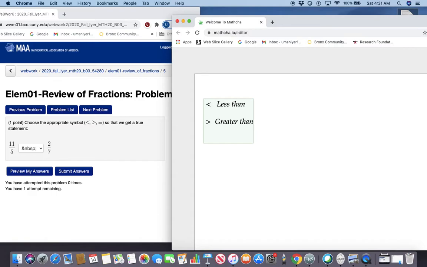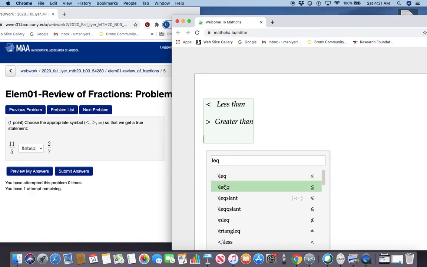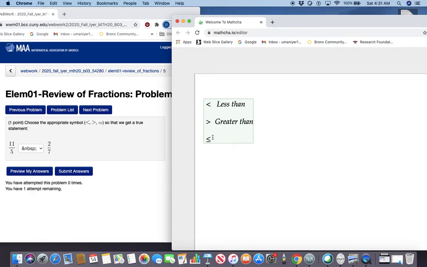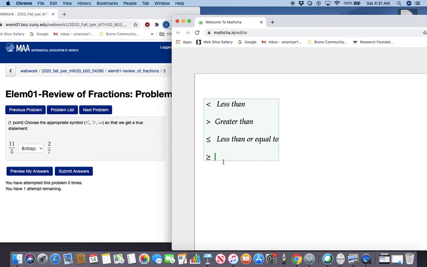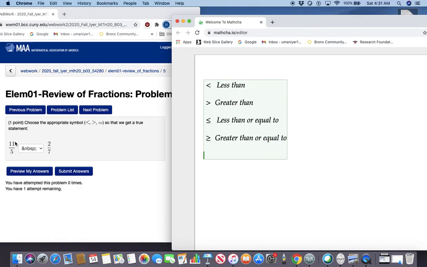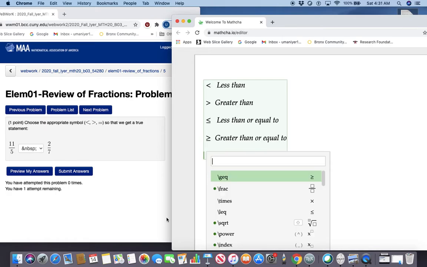Now you have things like less than or equal, likewise greater than or equal. So the question is: is this fraction less than this, or greater than this, and so on.